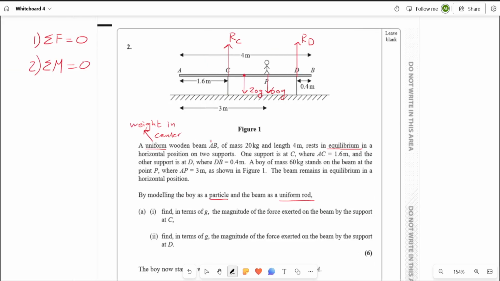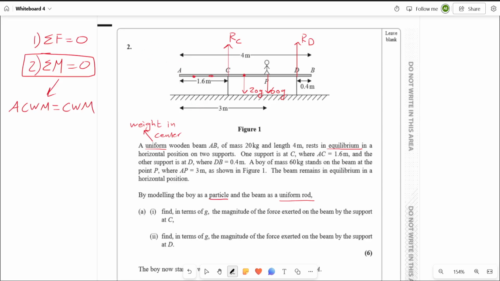So I'm going to use the fact that we have sigma moments equals 0. This tells me that the anti-clockwise moments are going to equal the clockwise moments about any point on the beam. It means that if I'm taking any point, let's say this point, and I'm calculating the moments about it, the total anti-clockwise moments are going to equal the total clockwise moments at any point.